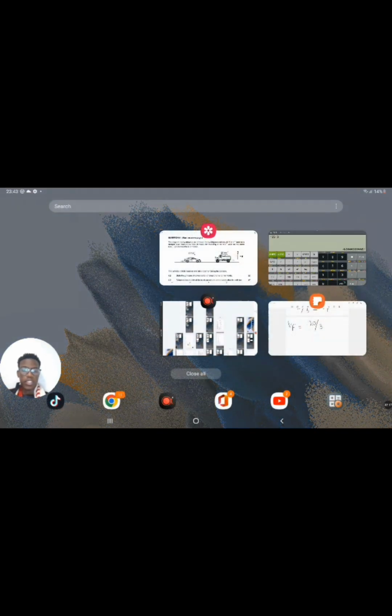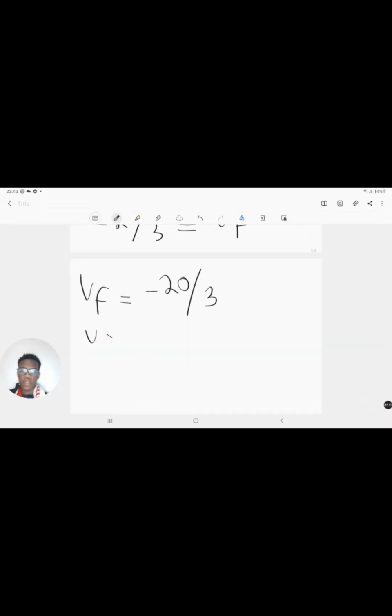Let's say minus 6.67. So VF is equal to minus 6.67 meters per second. Or you can write your meters per second like this if you prefer. You can write it out like that.